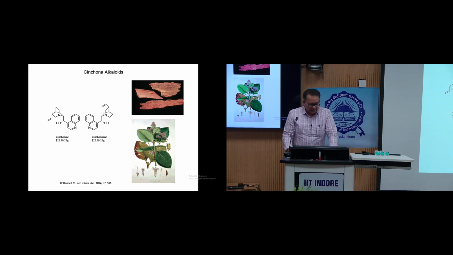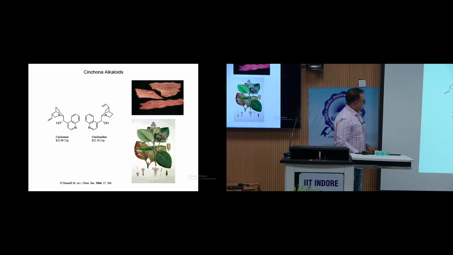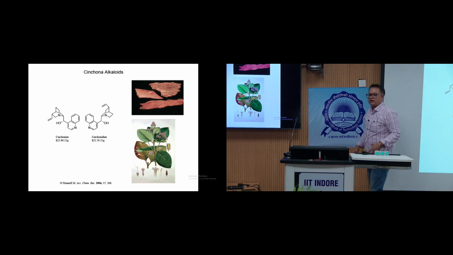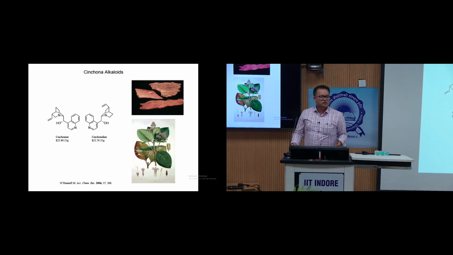Coming to the next part, what we call cinchona alkaloids. You can see that it's nothing but comes from natural products. Cinchonine is about $22.90 for 25 grams, and cinchonidine $22.70. But actually they are fantastic natural products having chiral centers here. Fantastic backbones achieved from natural products, and you can use them not only for catalyzing your reactions but also for inducing enantioselectivity.